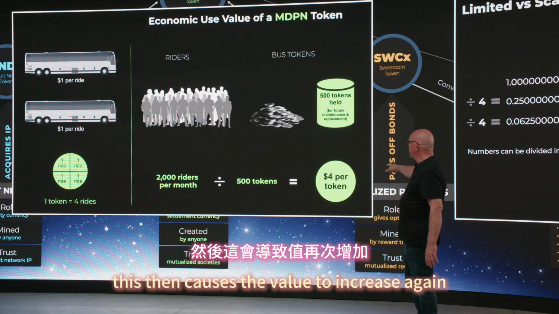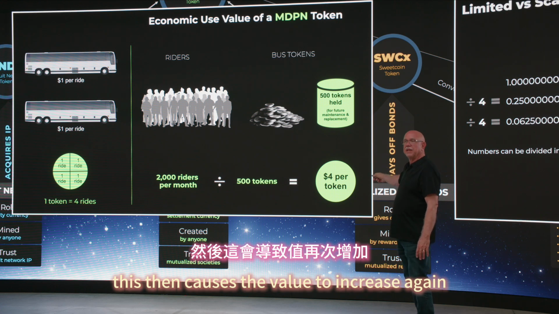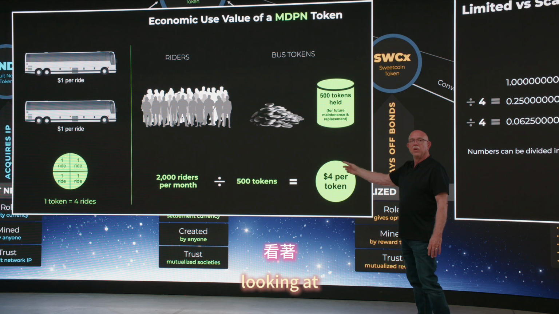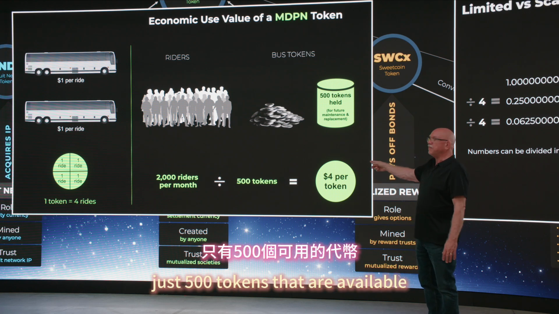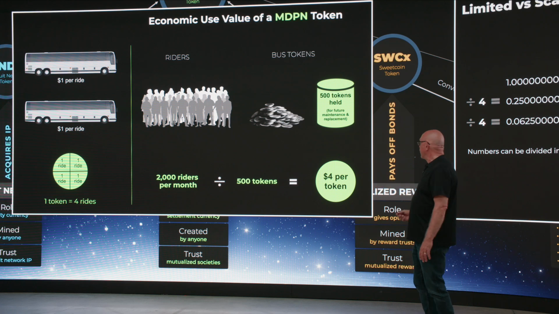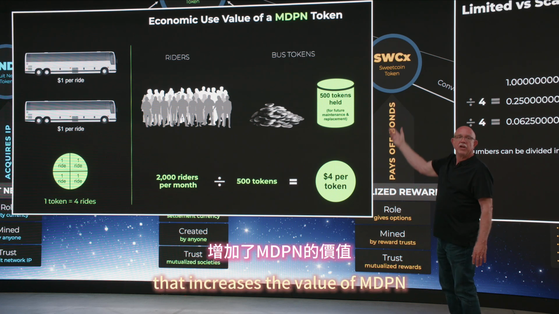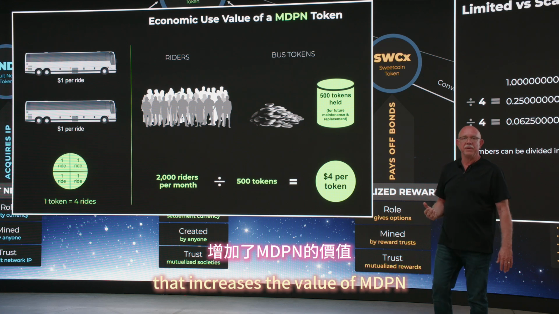This then causes the value to increase again, because we're now having our 2,000 riders looking at just 500 tokens that are available. This is what drives the economic engine that increases the value of MDPN.